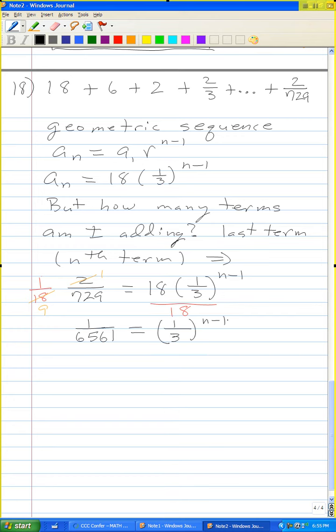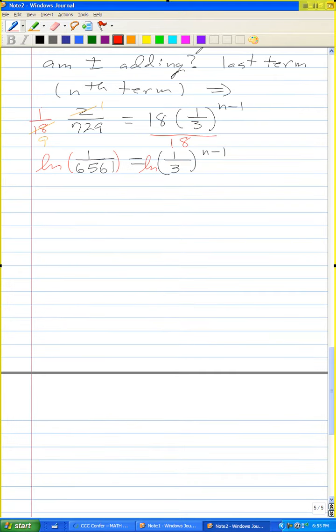Okay, so let's try to solve that. So let's take ln of both sides of my equation. And so I get ln 1 over 6561 equals, well, by the properties of logarithms, I can bring the exponent down in front.